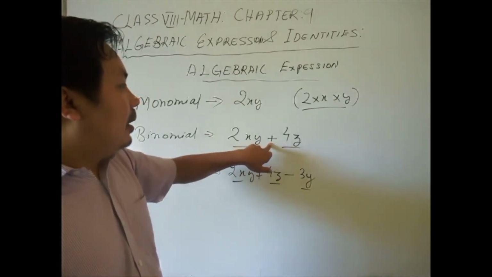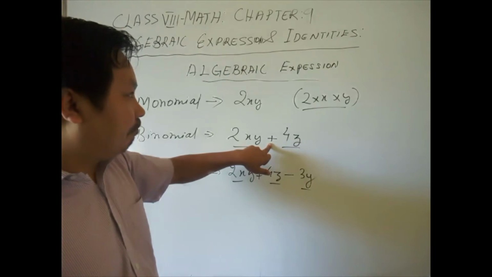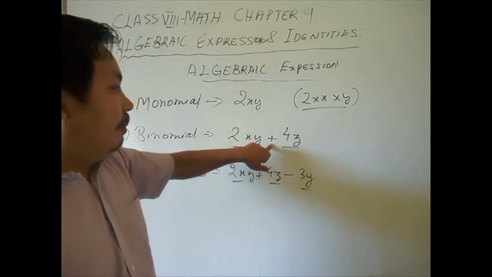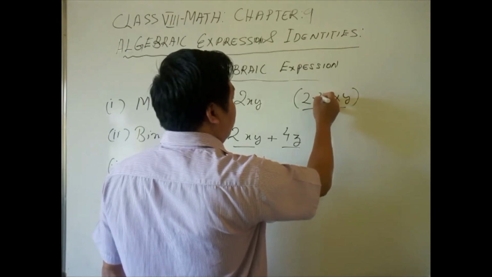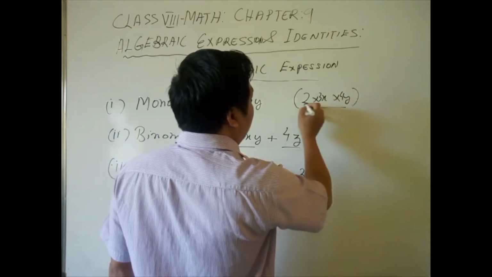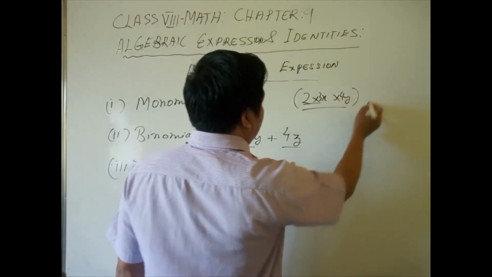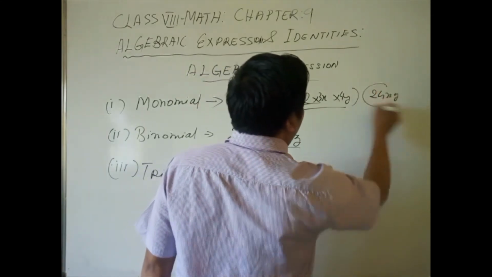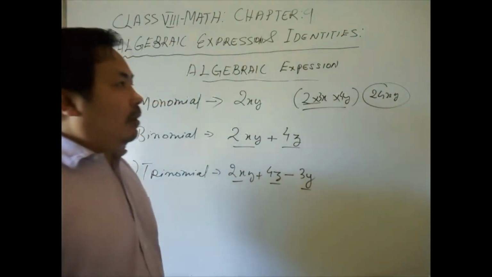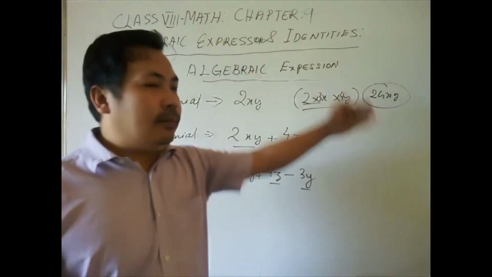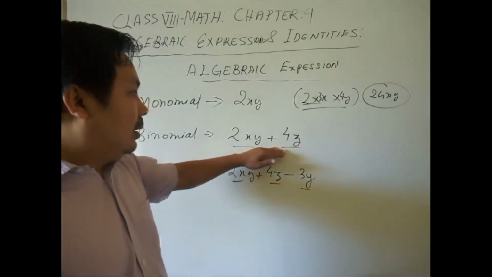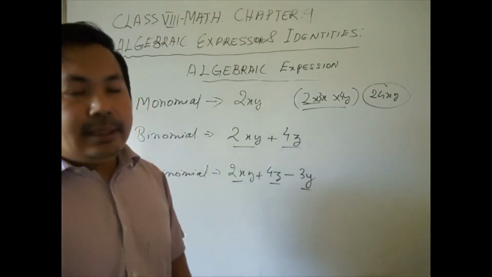Because there is a plus or minus sign. Even if you find there is 3 or 4, what happens? You will get 2 3s are 6, 6 4s are 24, 24xy. Even though more coefficients are there, don't worry about it. If multiplication, one term. If it is plus or minus, then it is different terms.